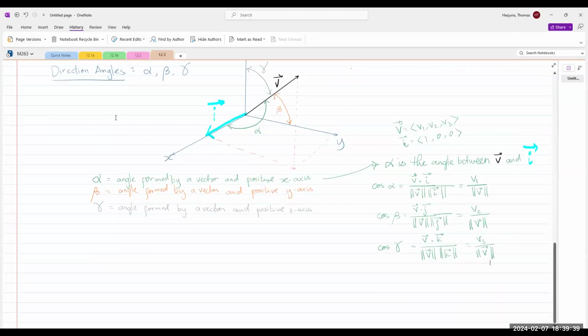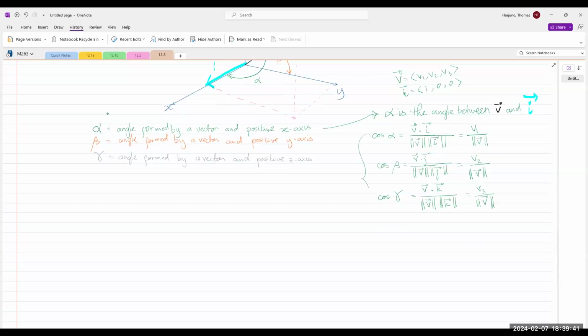Strangely, if you put these three things together as a factor notation, cosine alpha, cosine beta, cosine gamma, that will give us a factor phi 1 over magnitude of v, phi 2 over magnitude of v, phi 3 over magnitude of v.